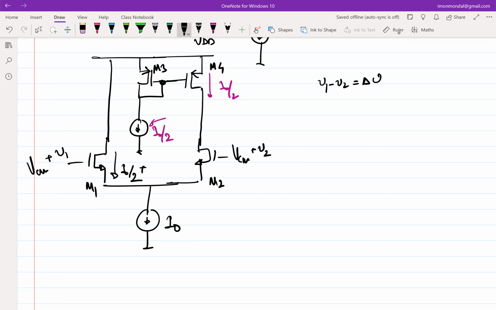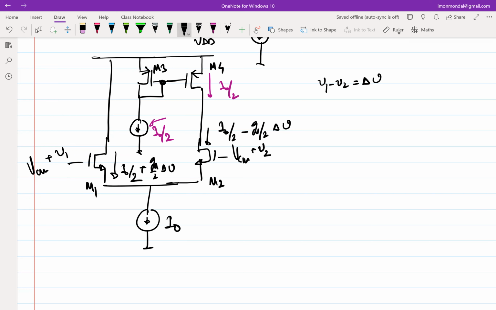So this plus GM by 2 times delta V. What will be the total current through M2? I0 by 2 minus GM by 2 times delta V. What is the total current coming from top? It's I0 by 2. Total current from top doesn't change. So you have some extra current, right?